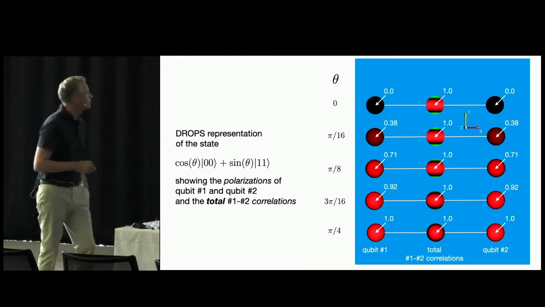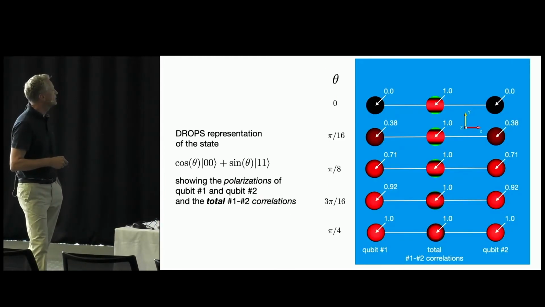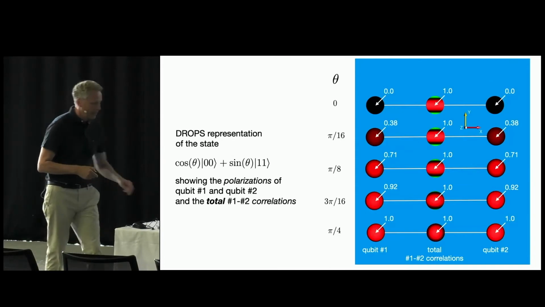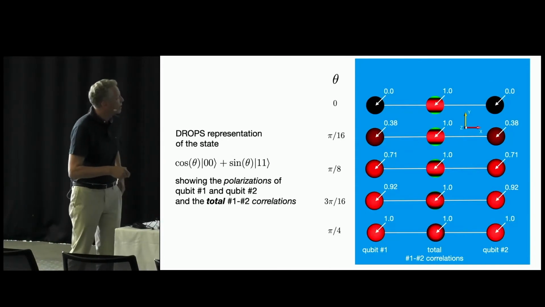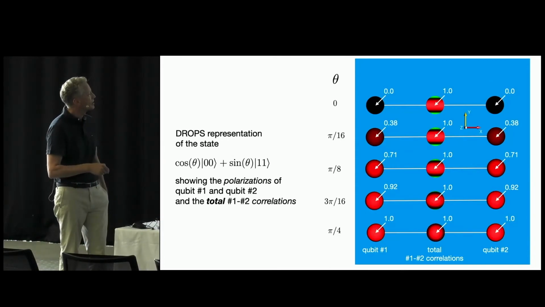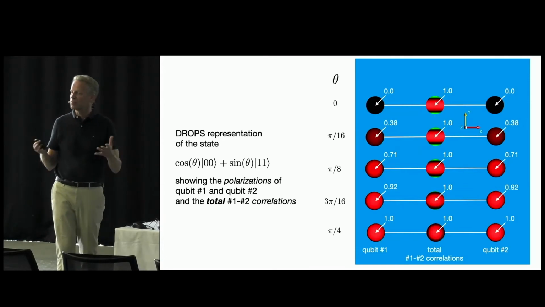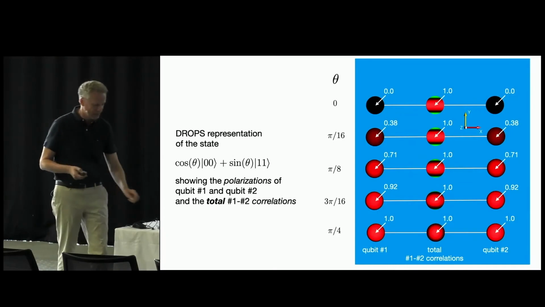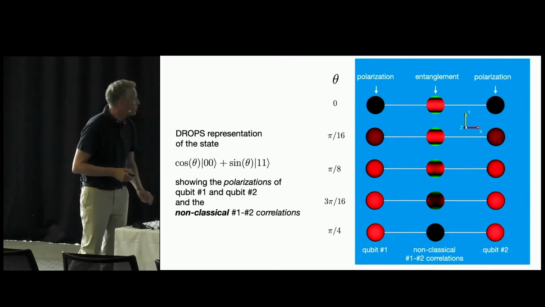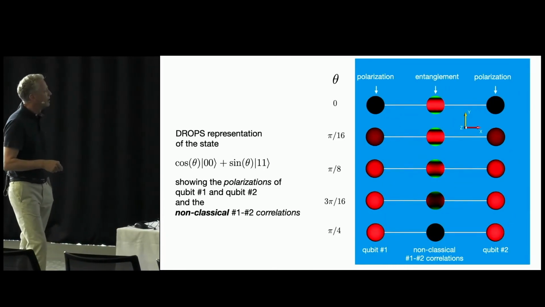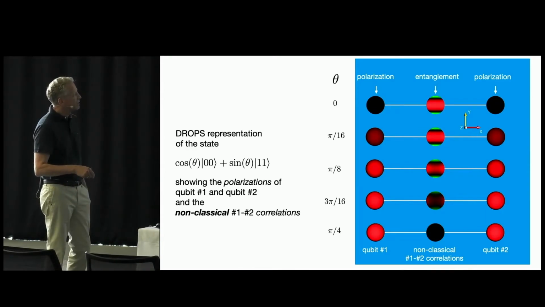Okay, and this was just the slide I showed you before. And you see that for all these Schmidt angles, we do see correlations, but this was the total correlations consisting of classical and quantum correlations. And now what we can do is filter out the classical correlations, so we only see the non-classical correlations.